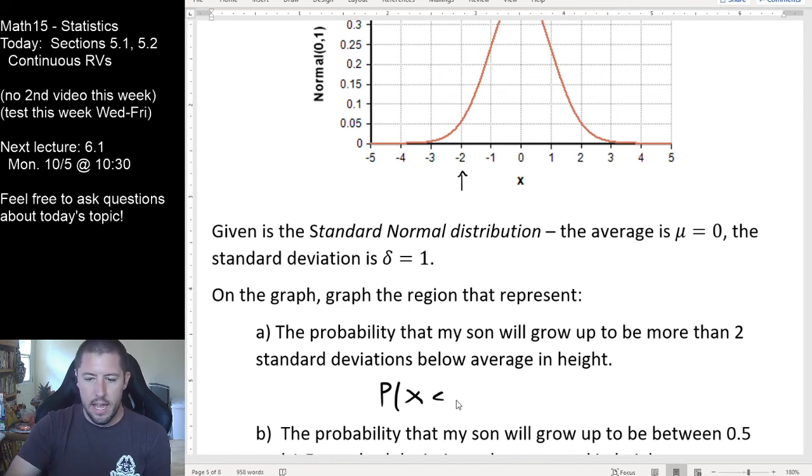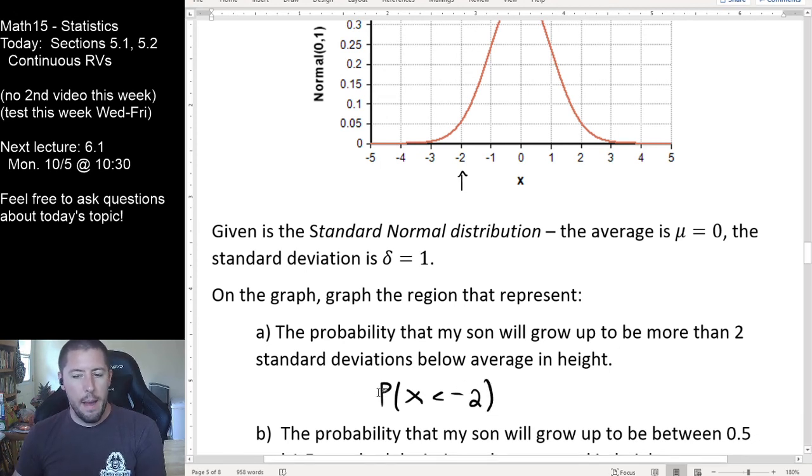So x is less than -2. I want to know the probability that the number of standard deviations that my son's height is away from average is less than -2, right? 2 or more below average is what we're looking at here.